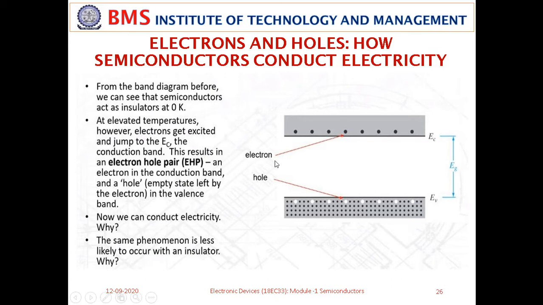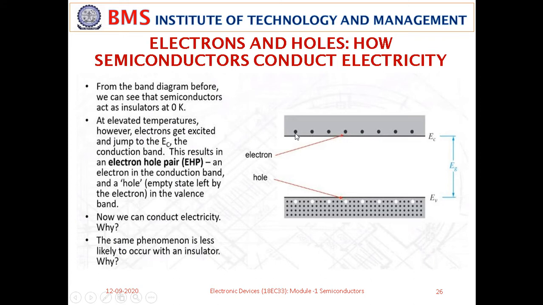So these electrons in the conduction band have been created because of rise in temperature. The electron left its position here and has moved to the conduction band. Now, how long can this electron stay in the conduction band? According to Pauli's exclusion principle, electrons will have to occupy lower energy states, even though these electrons have got excited and moved into the conduction band.